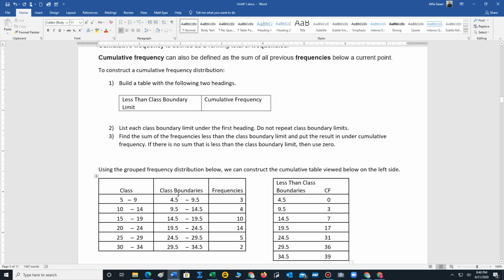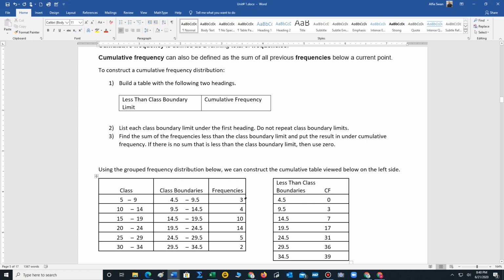So 4.5, there are no frequencies that come before it. So for this type of distribution, we always start with 0. And then we go to 9.5. Well, 9.5, the value that precedes it is 3, so that's going to be 3.